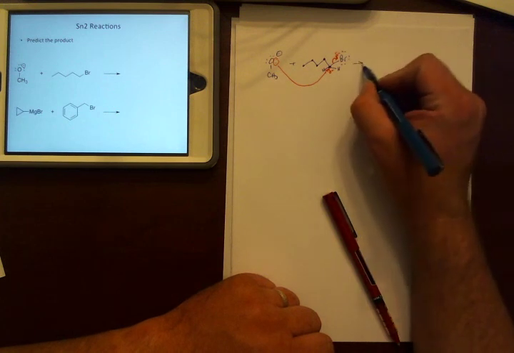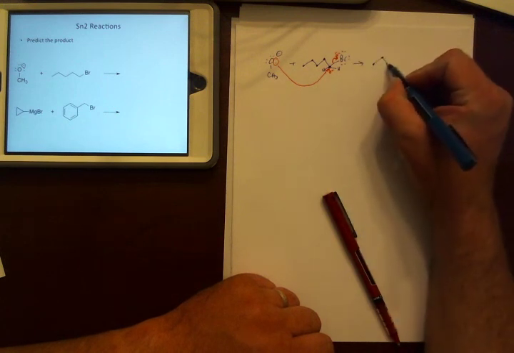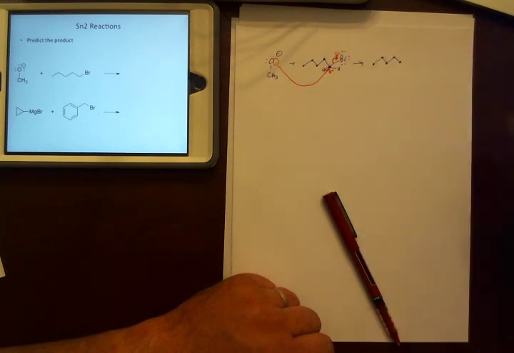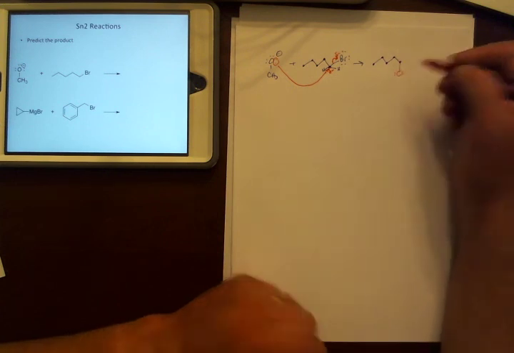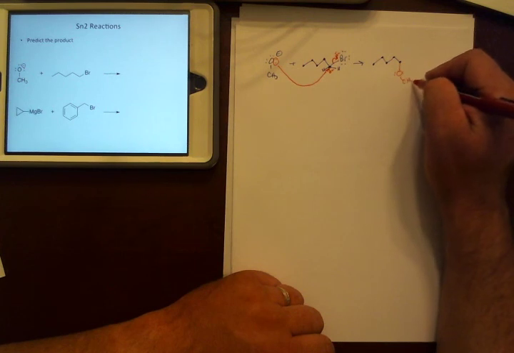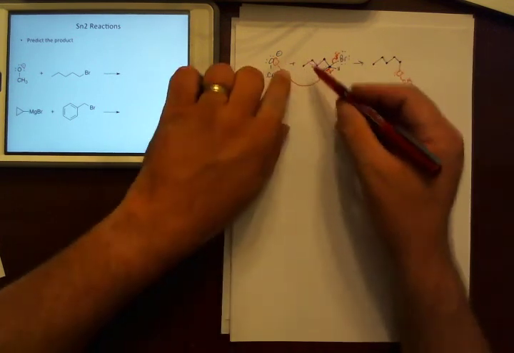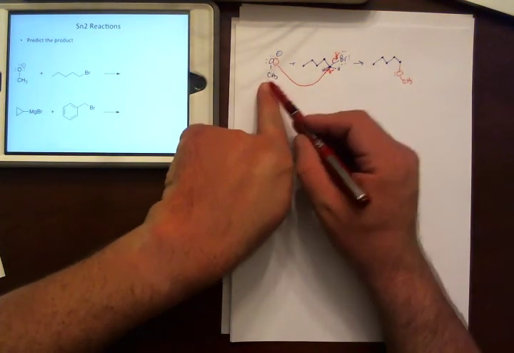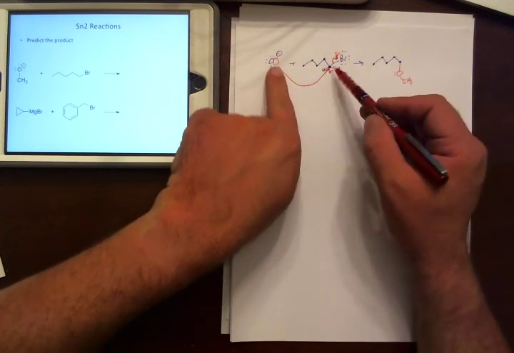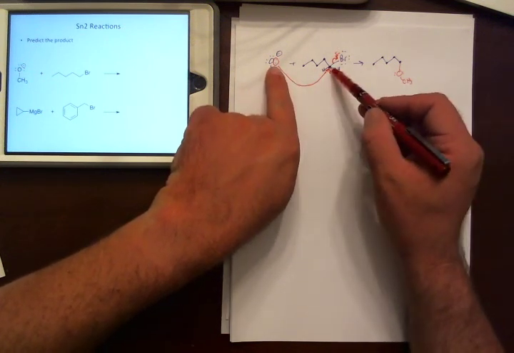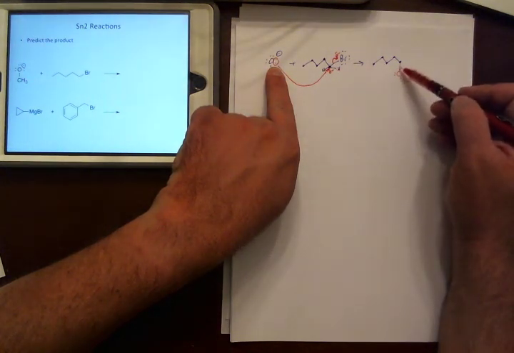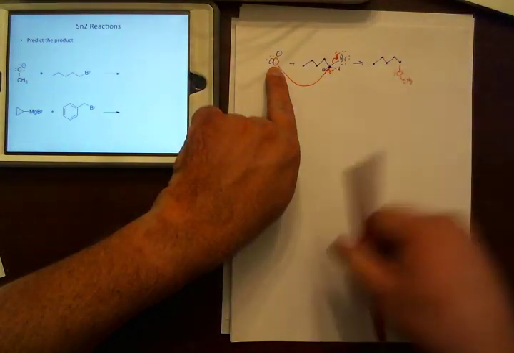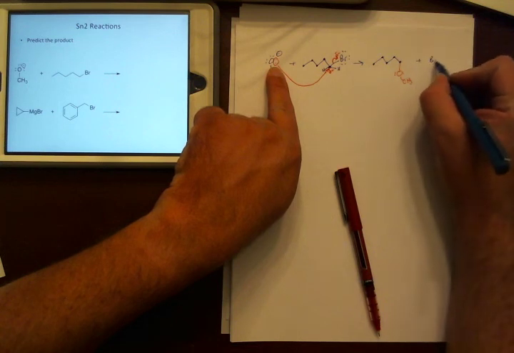And so what you're going to end up with is your 5 carbon piece here, and then your nucleophile attached to it. CH3, because these electrons are making the bond here, and this methyl group is just coming along for the ride. So you come in here, you make a bond from here to here, and all the rest of the molecule comes along for the ride, and then you make a Br minus.